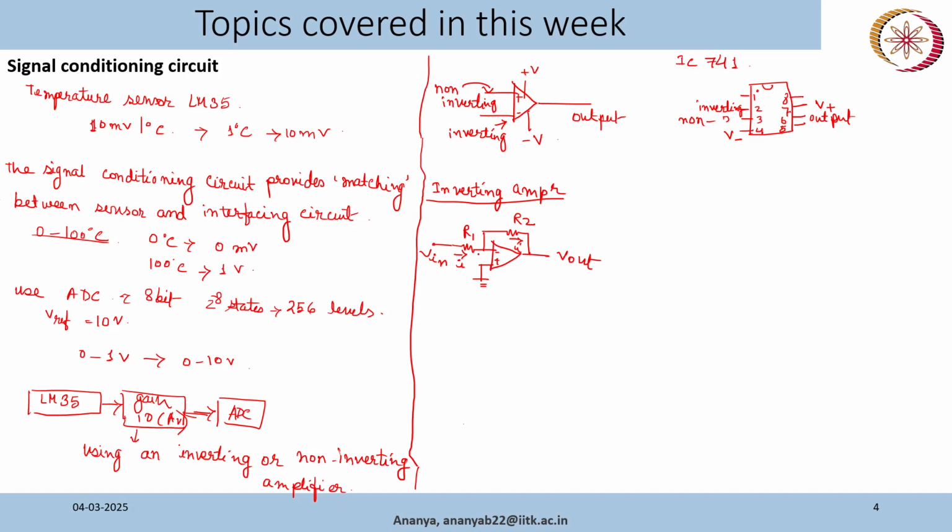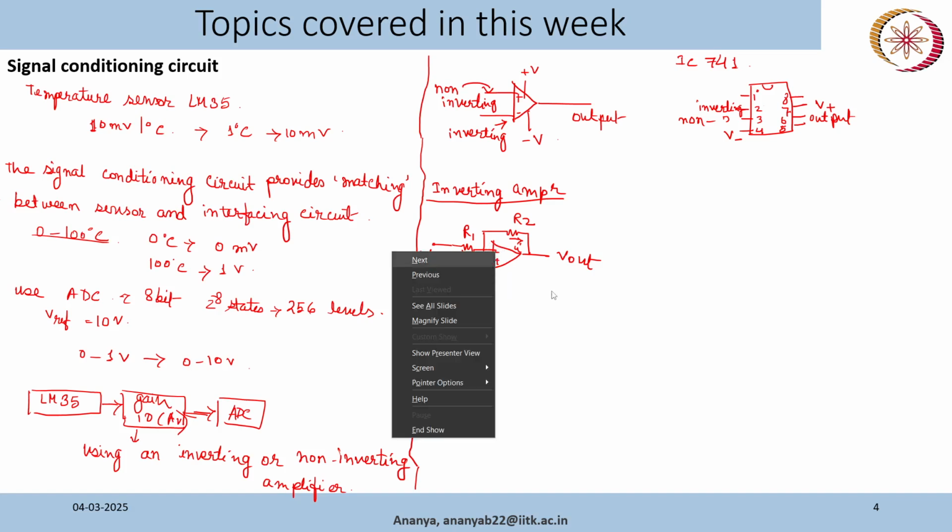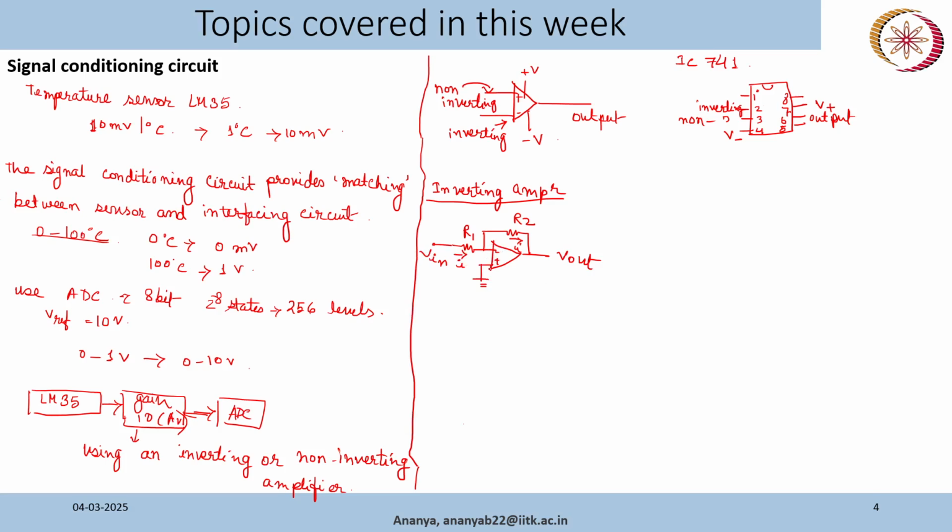I hope you can hear my voice compared to the background noise. The potential at this point and this point is the same, because the op-amp draws no current, that is the ideal condition. The non-inverting terminal is grounded, so this is also virtually ground. So the potential at this point is 0.